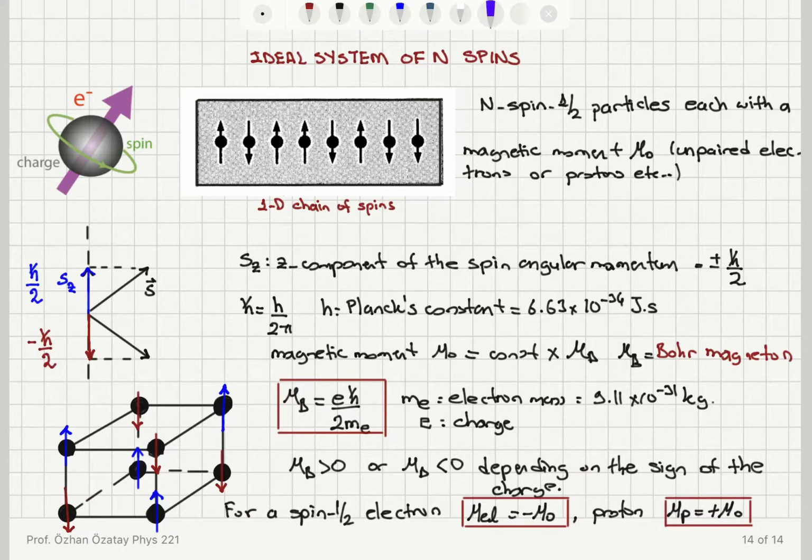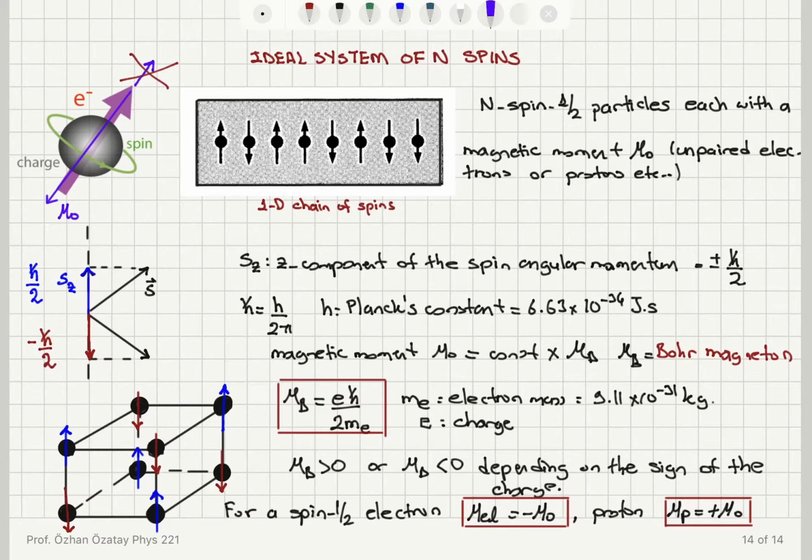The magnetic moment will be in this direction given by the right hand rule, but because it's a negative charge, the actual direction of the magnetic moment will be basically this direction. So it's going to be minus mu 0. Okay, so we have to pay attention to the sign of the charge in order to determine the direction of the magnetic moment.